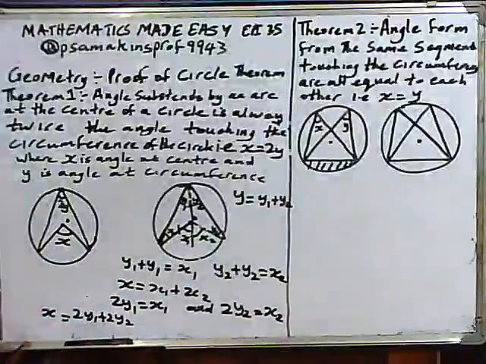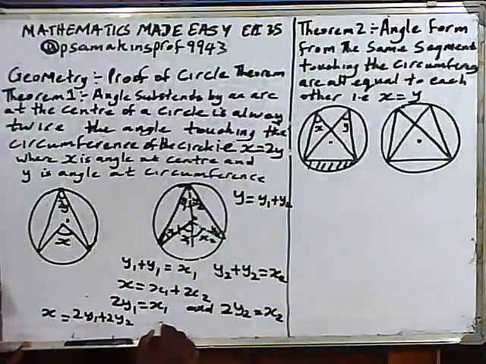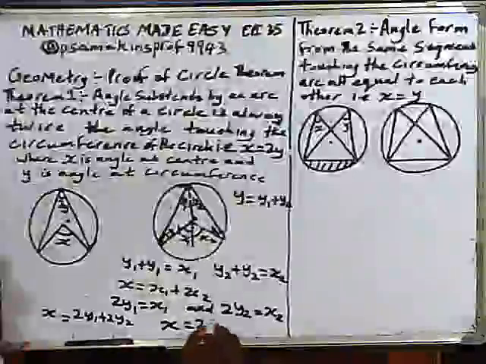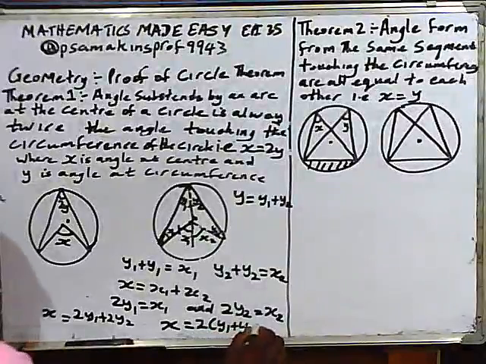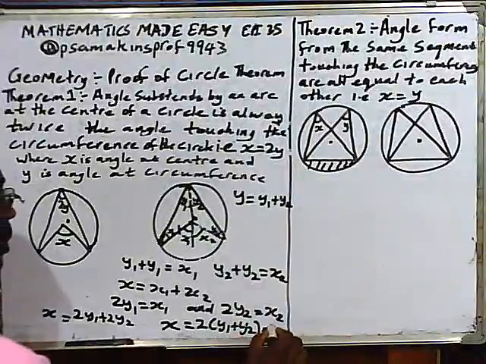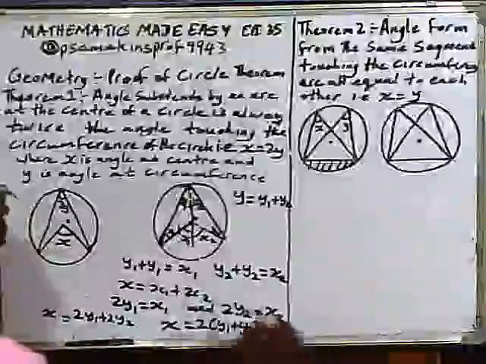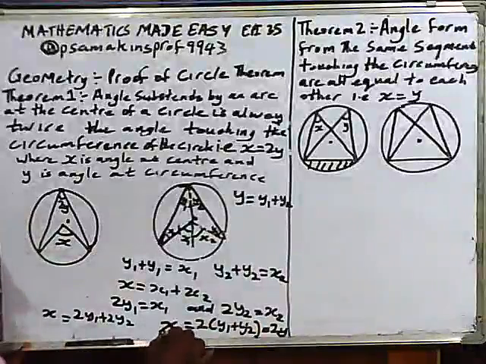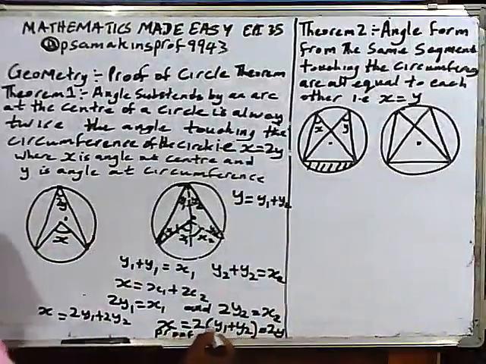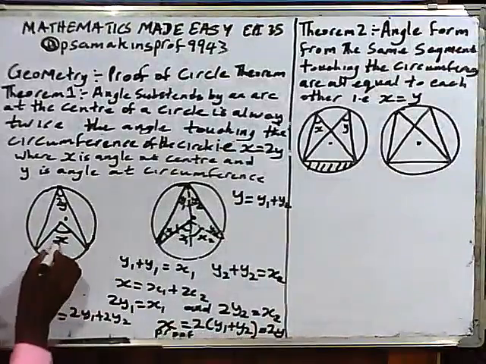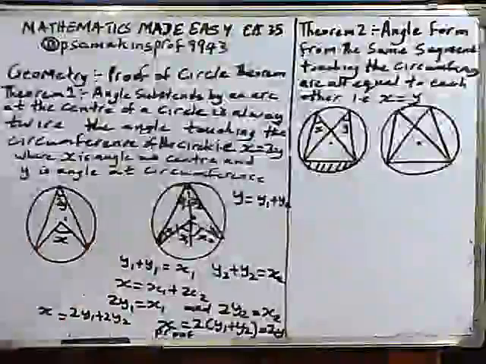So if that is the case, 2 is common here, then we can now say that x equals the common 2, that is y1 plus y2. Since this one is that, we can say that this one is 2y. Proved. Proof. So we have shown that x, the angle at the center here, is equal to 2y.